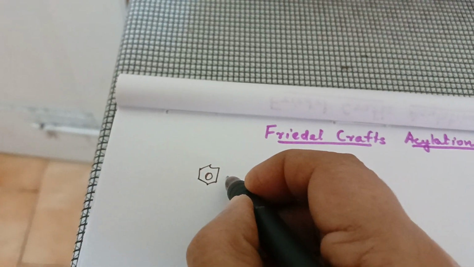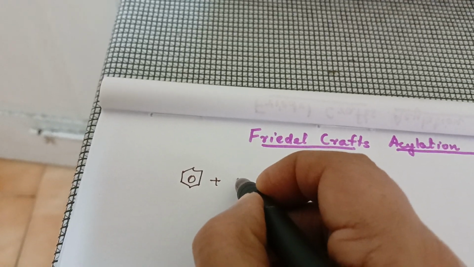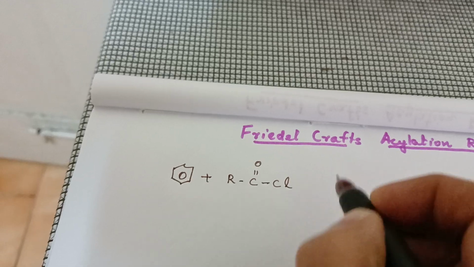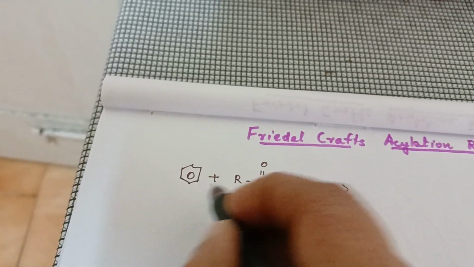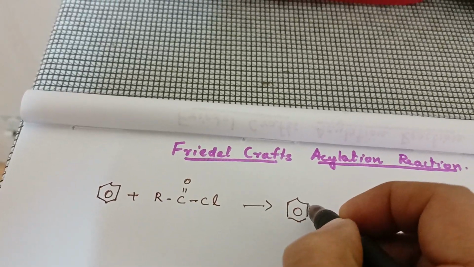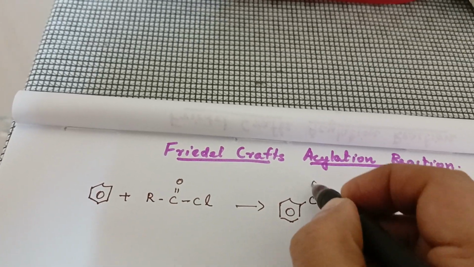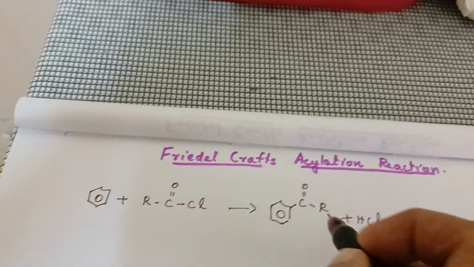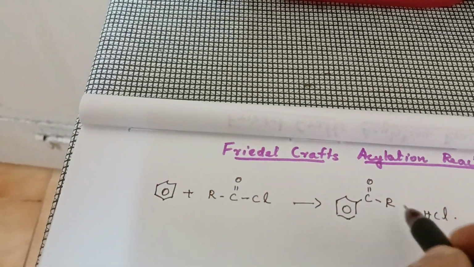On the benzene ring, you are substituting R C double bond O Cl like this, and you will be getting R C double bond O R plus HCl. You can use an aryl group also here.